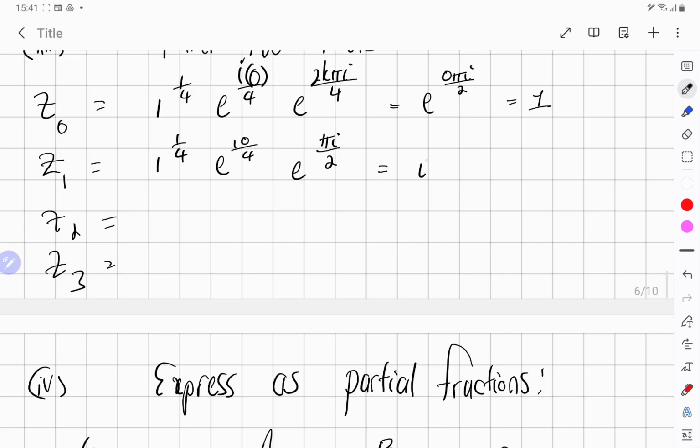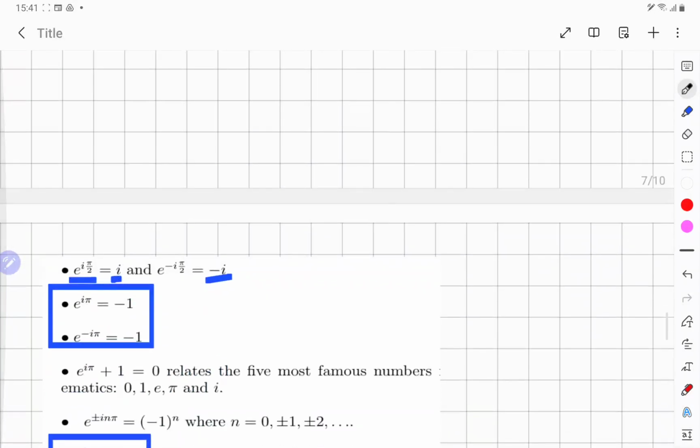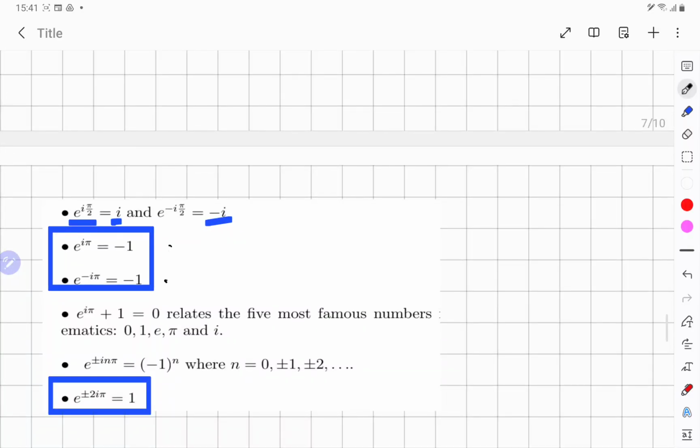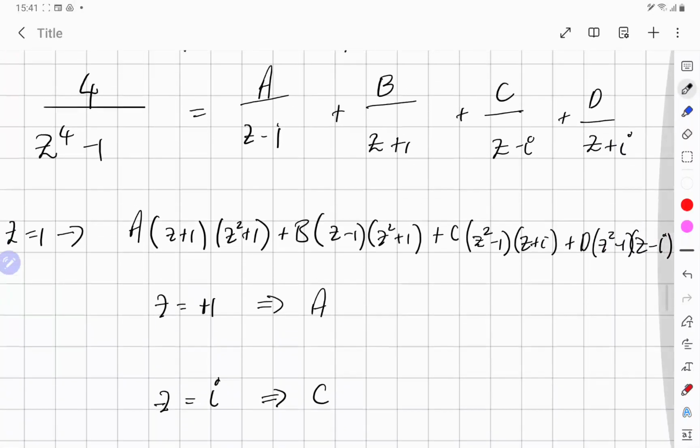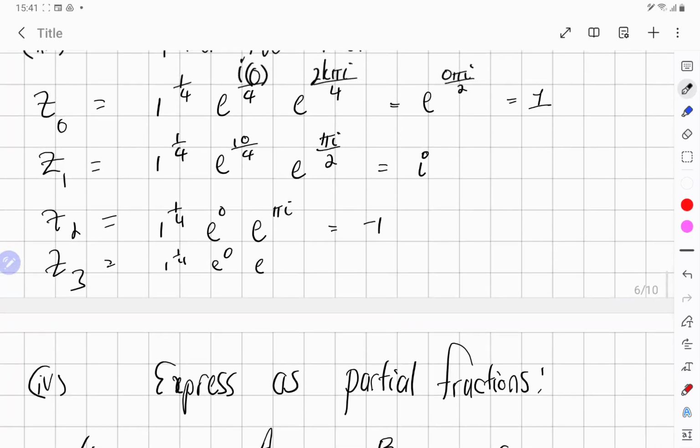So this one will be i. Here I will have this again. It is 2 now, so I'll get pi i. So can you see I'm using this again, e to the pi i, which is negative 1. Negative 1, and then my last one, k is 3 now, so I have 3 pi i over 2.